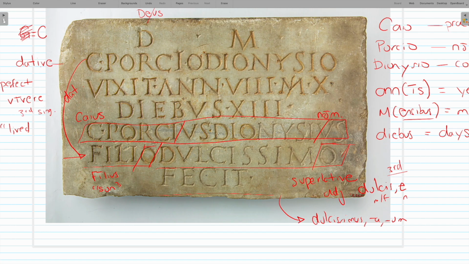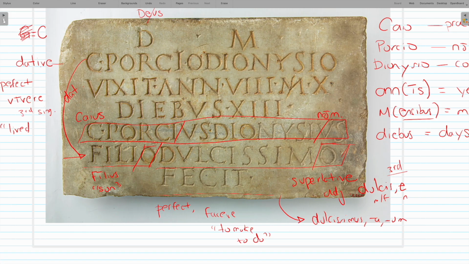So if you read from the beginning, well, actually, let's go to the verb here. Fecit. This fecit refers to Caius Porcius Dionysius. And this fecit is the perfect or past tense of the verb facere, which means to make, to do.